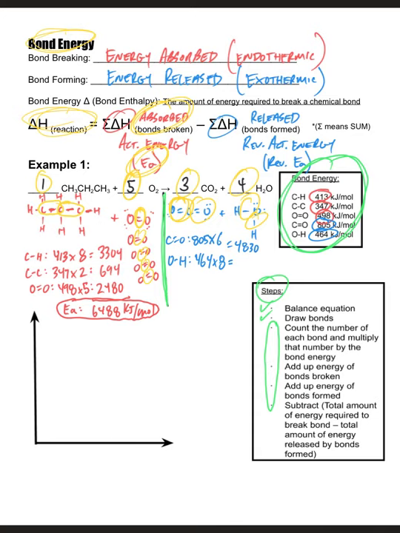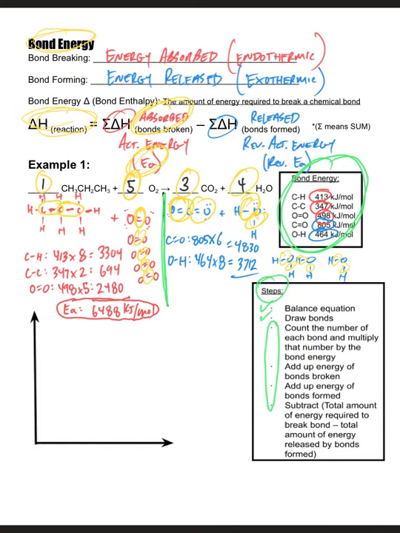And once again, if you need to draw out each molecule and count it like this, 1, 2, 3, 4, 5, 6, 7, 8, you can definitely do so. I just want to make sure you're not getting confused by that. So 464 times 8, we get 3,712. Those are all the types of bonds, along with how many there are in the product side.